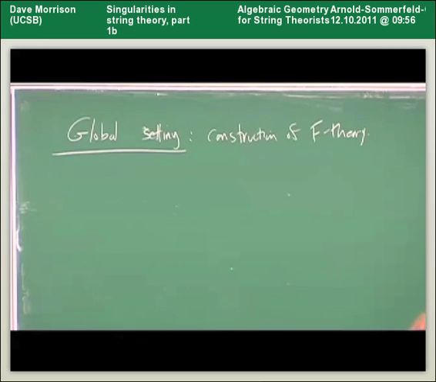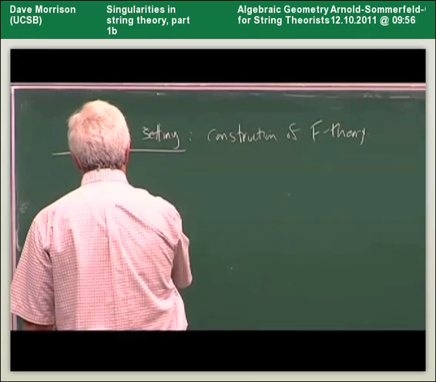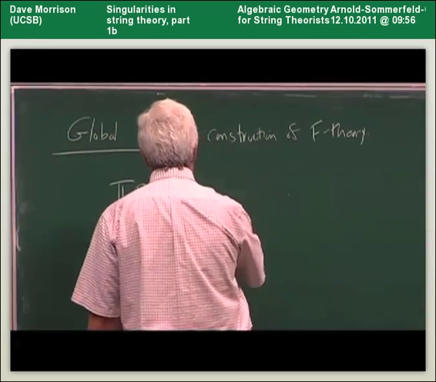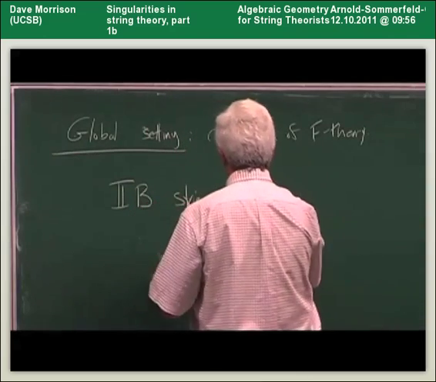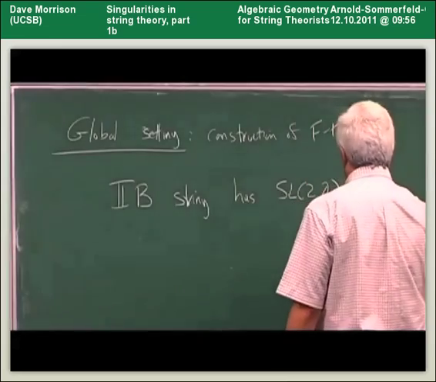So James already mentioned F theory briefly. F theory is a way of compactifying the type 2B string theory utilizing the SL2Z symmetry of the string theory.